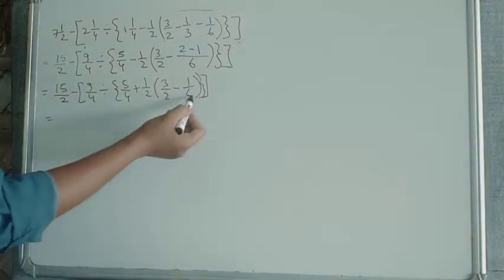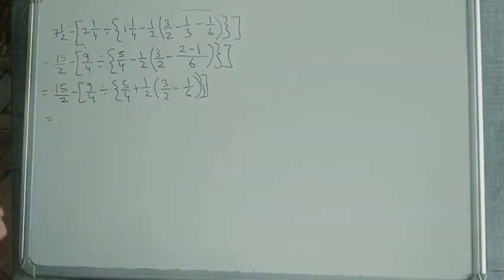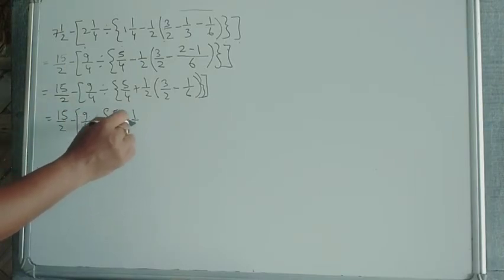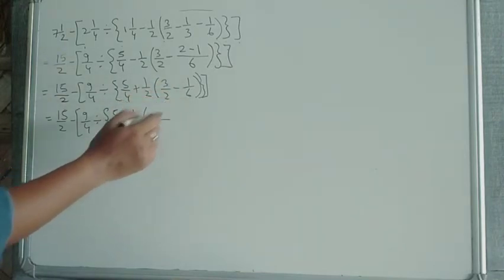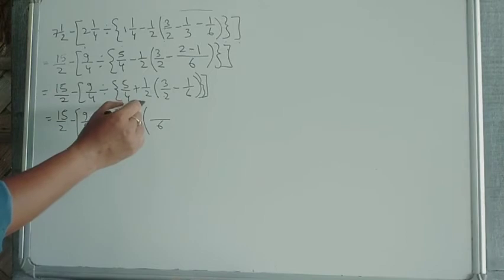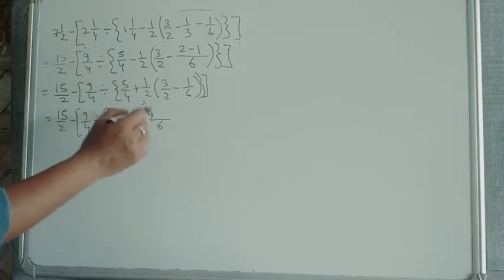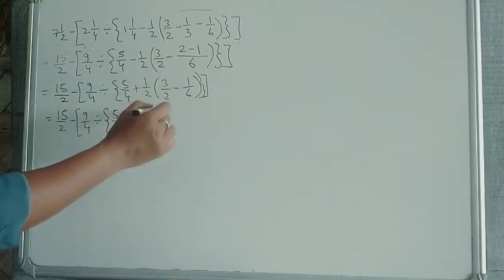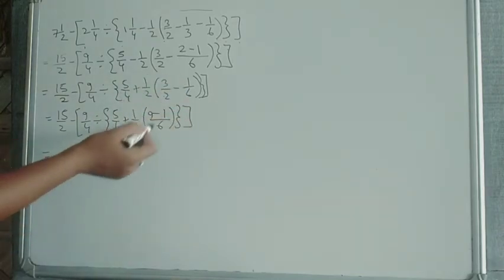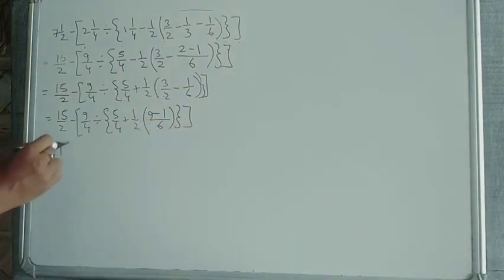Now we have to solve this bracket, our first bracket. Other things remain the same. So 3 and 2 and 6, LCM will be 6. 2 3 ja 6, 3 3 ja 9. 6 1 ja 6, 1 1 ja 1. So this one we will solve. Other things remain the same.